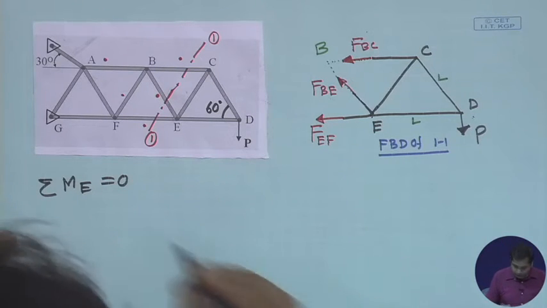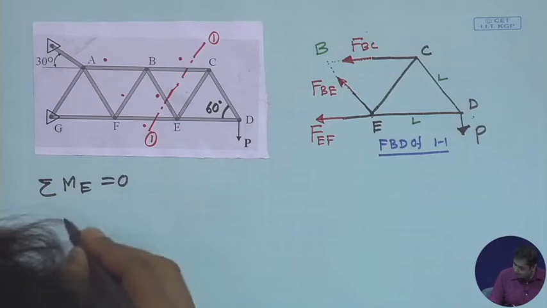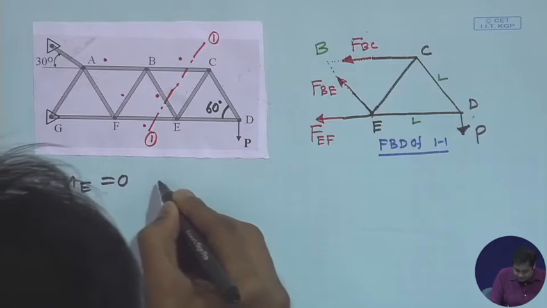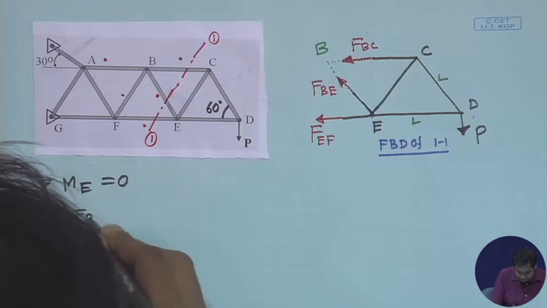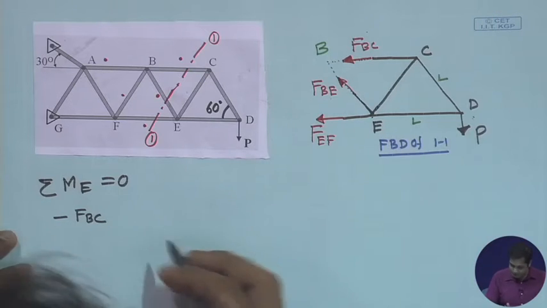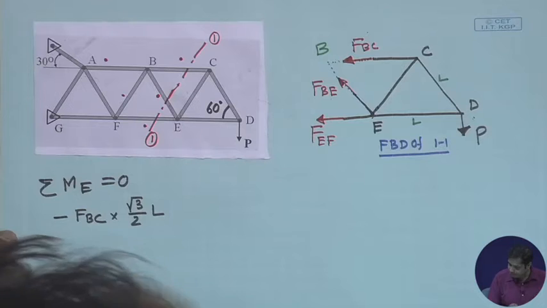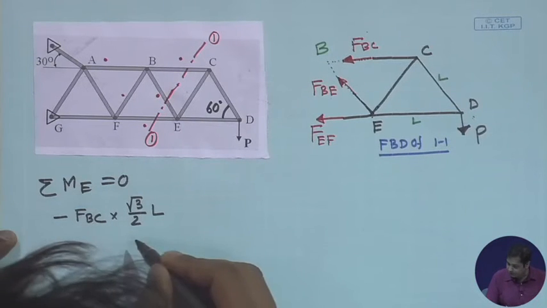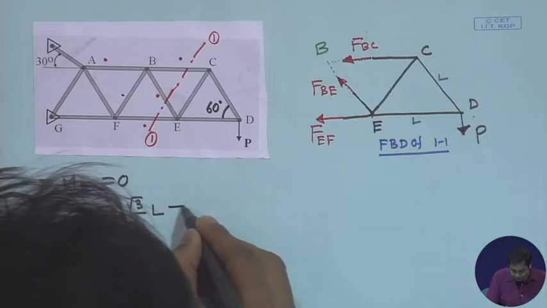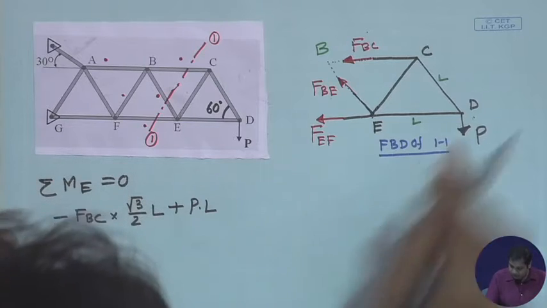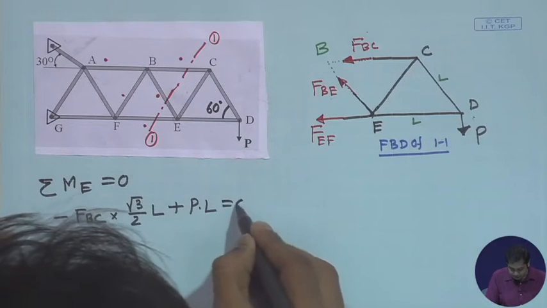So this gives us minus F_BC times L, which is negative because it is anticlockwise, plus P times L, which is clockwise, equal to 0.